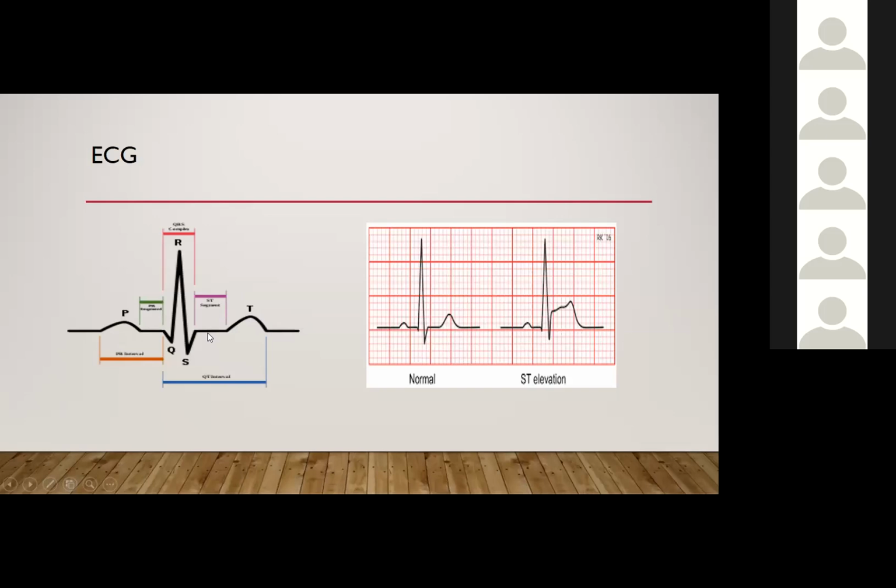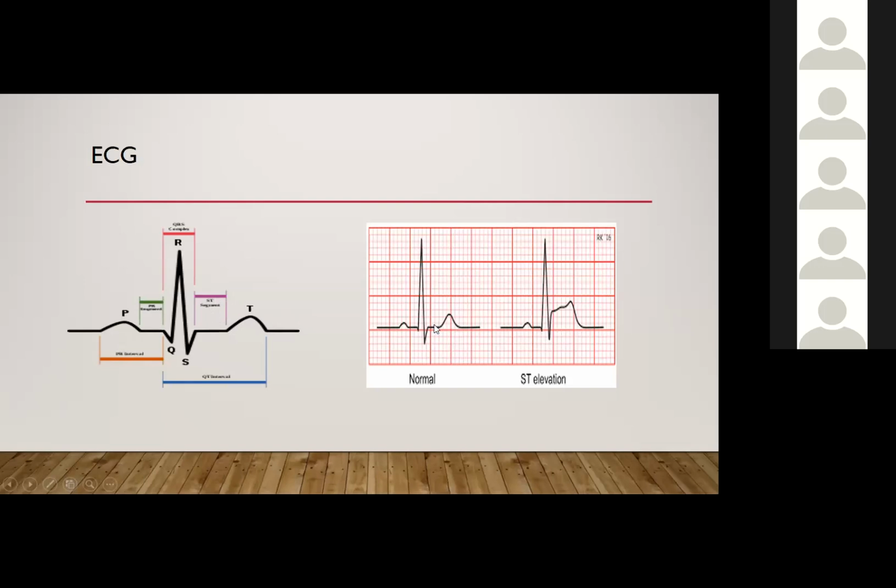That segment between where this S starts and where this T starts. The T starts from here. It doesn't start from here. It starts from here. That interval becomes your ST segment.